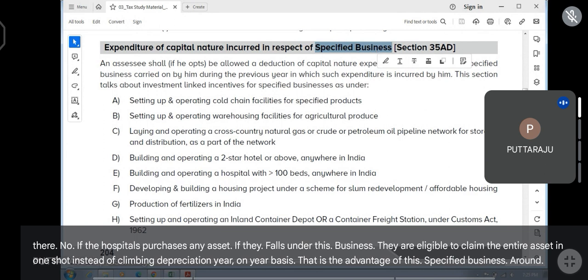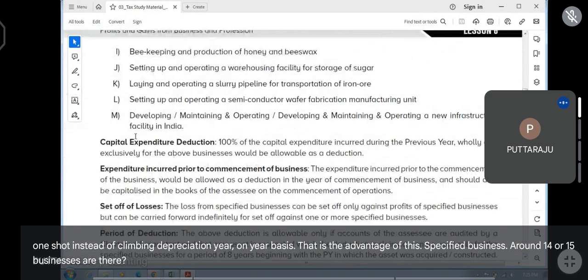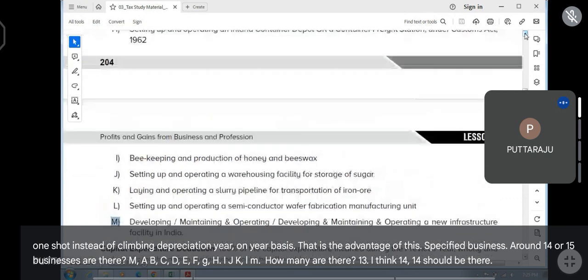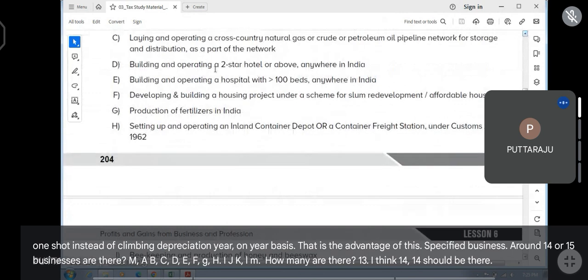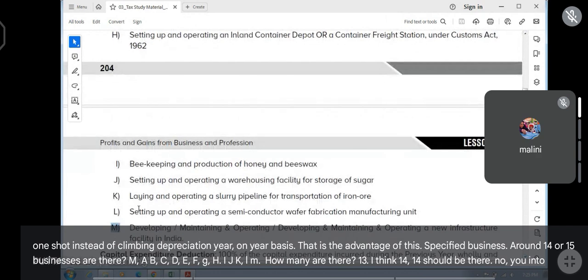Around 14 or 15 businesses are there. A, B, C, D, E, F, G, H, I, J, K, L, M. How many are there? 13. I think 14 should be there. 13, sir.